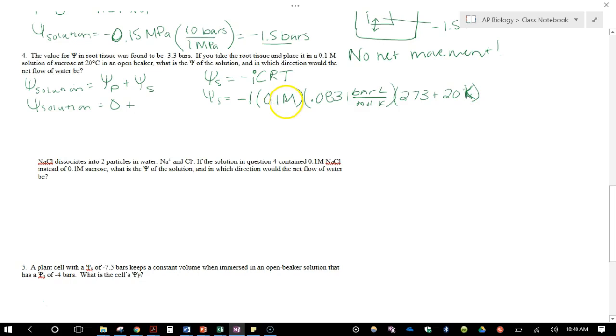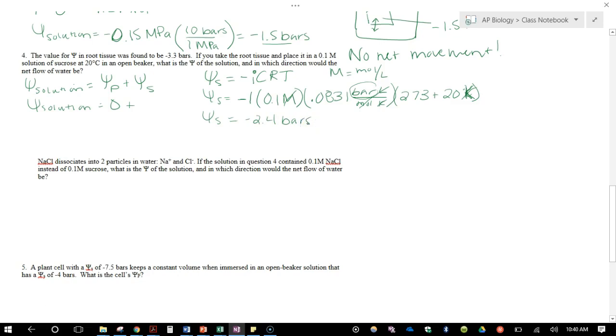Remember that M essentially equals moles over liter, so I can cancel this. My Kelvin will cancel. Okay, and I'm going to be left with actually just bars for my solute potential. If I multiply this out, this should equal negative 2.4 bars.